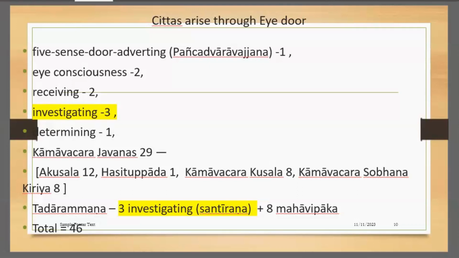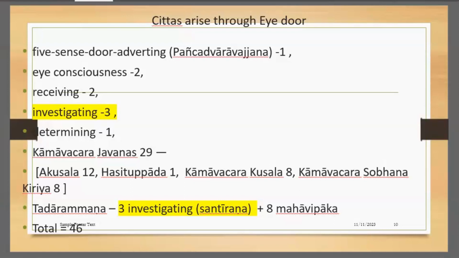Now let's find out how many chittas arise in the eye door. Panchadvara Vajjana 1, eye consciousness 2, receiving consciousness 2, investigating consciousness 3, determining consciousness 1, Kama Javana 29. Then we have to pay attention to Tadarammana again.